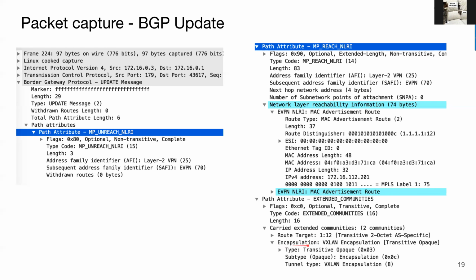We can also look and see what we're actually encapsulating here. Our forwarding plane is using VXLAN versus MPLS or something else. So if you look at our two important path attributes, our multi-protocol reach NLRIs or unreach, and then our extended communities.